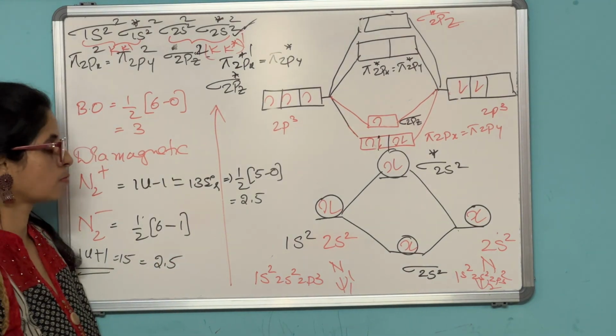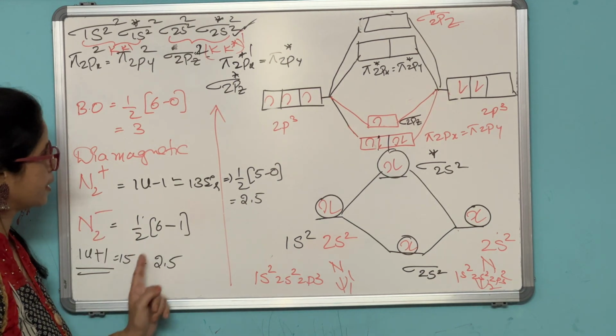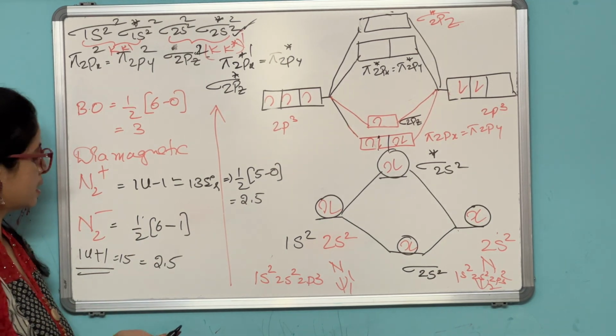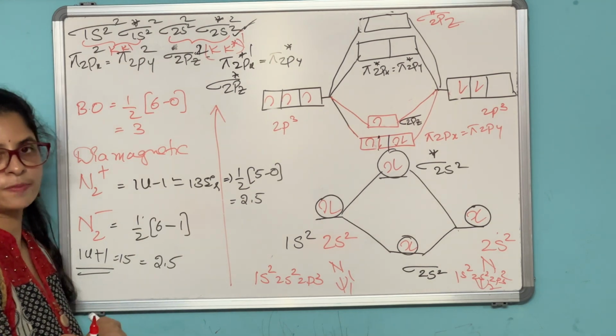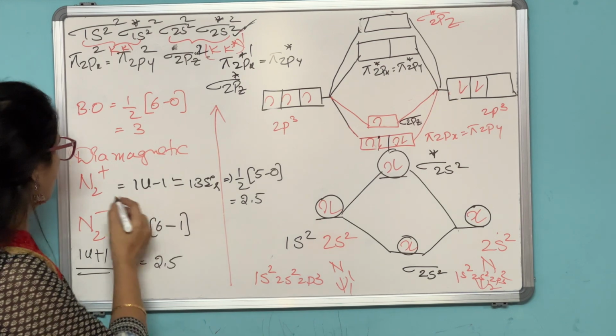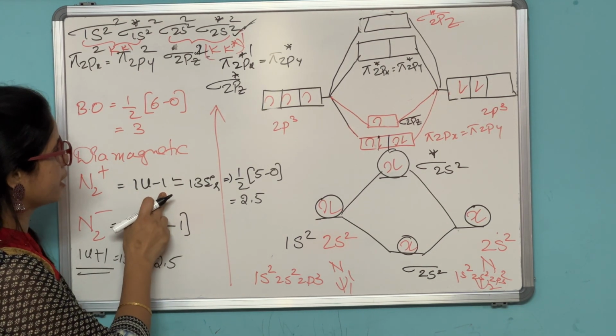So now compare the stabilities of N2 plus and N2 minus. Both have the same bond order, so both will have the same stability. N2 plus is formed by the loss of one electron.